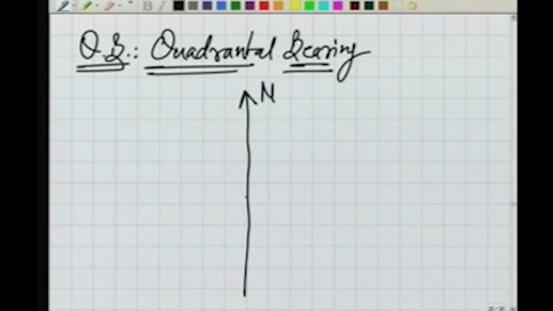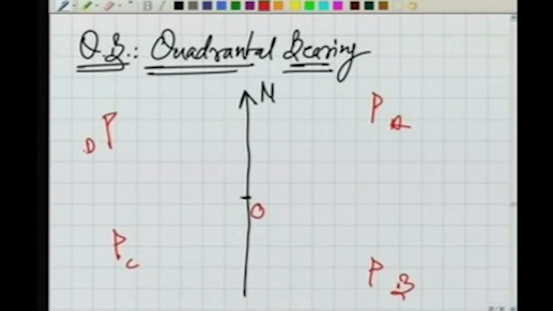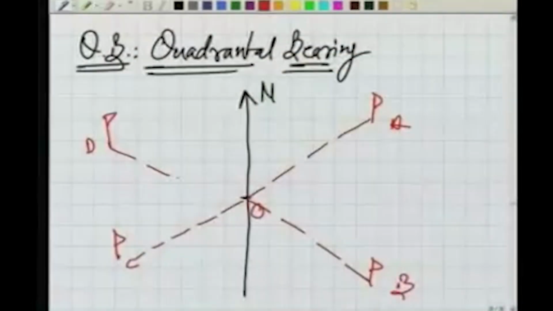So N, this is the point where the observer is, O, and we have again A, B, C and D, some ranging rods, and we can join them by these lines. So basically we are interested in measuring the bearings of lines OA, OB, OC and OD.